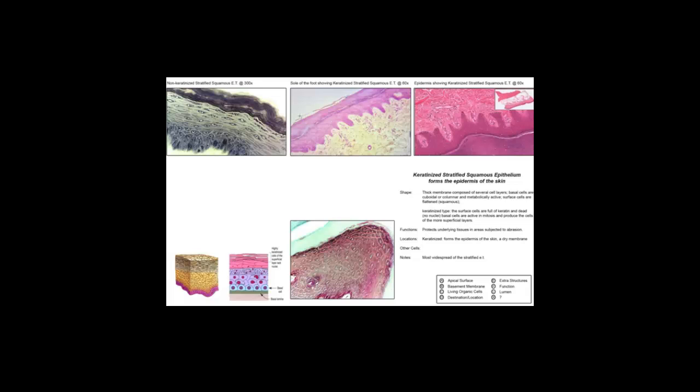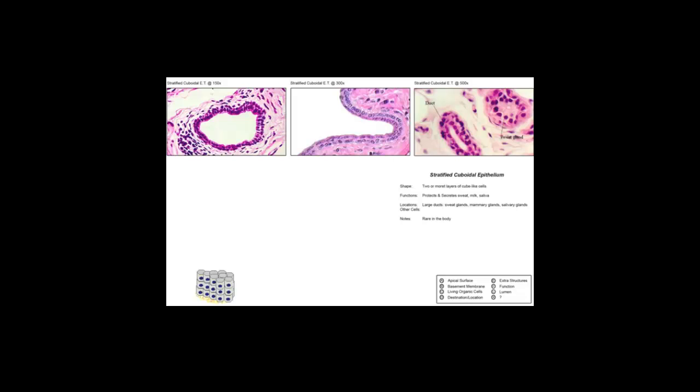Each of these pictures are excellent views of keratinized stratified squamous epithelial tissue. These are rare examples of tissues that we're looking at here. These are stratified cuboidal or stratified columnar tubules, or in this case the duct of a large salivary gland. It's a low magnification, but you can definitely see the multiple layering of cells that's occurring that are cuboidal here as well.